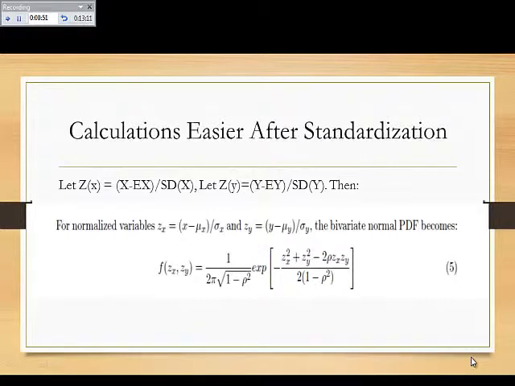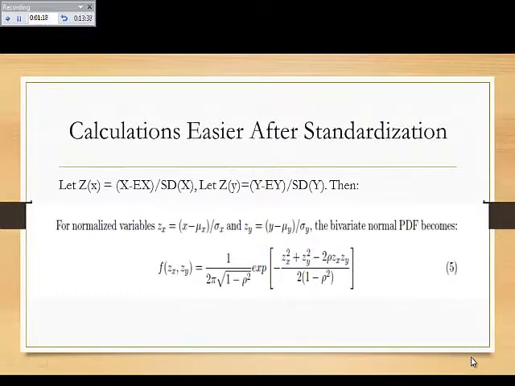That function is given over here, and it is a much simpler function now. It's 1 over 2 pi. The sigma x, sigma y have disappeared, but there is a square root of 1 minus rho squared, and then there is exponent of minus z squared x, plus z squared y, minus 2 rho z x, z y, over 2 times 1 minus rho squared in the denominator.